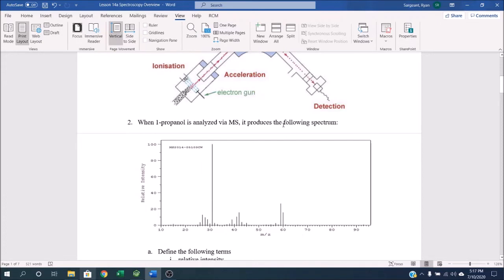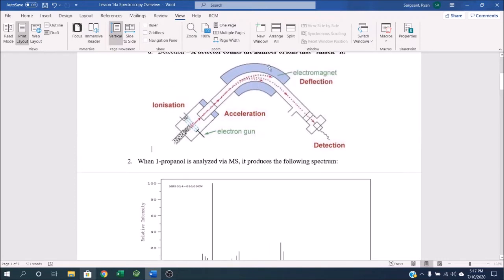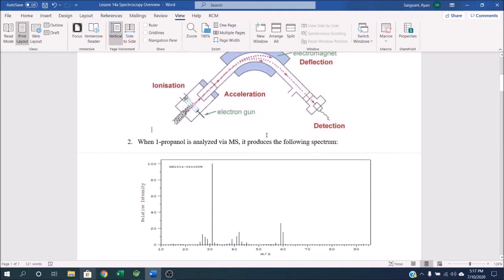The detector counts every ion that strikes it, and based on the power of the magnet, and you have to pre-calibrate this to know, but essentially the detector counts each of these ions and assigns them an m over z value, and then produces a graph where the taller the graph is a higher count.